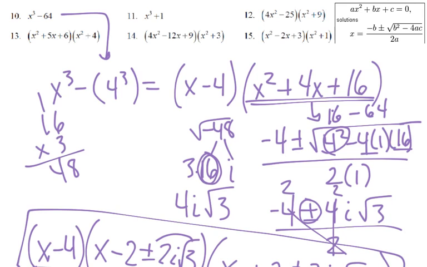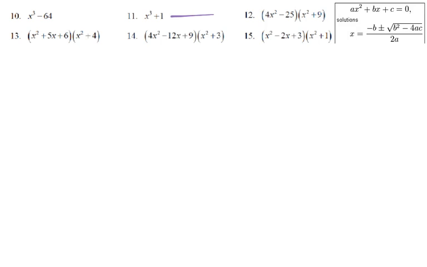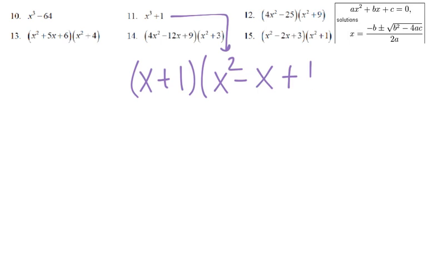Alright, now, same idea for number 11. Okay, so they're taking a long time, aren't they? This is the adding one, so we'd get x plus 1 times x squared minus x plus 1 squared, which is 1. Once again we'd have to use the quadratic formula here.